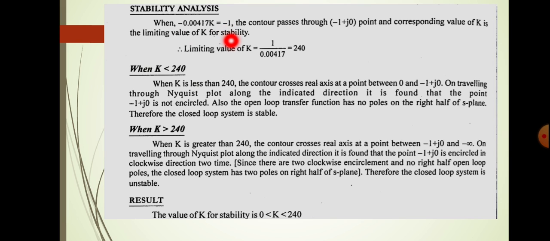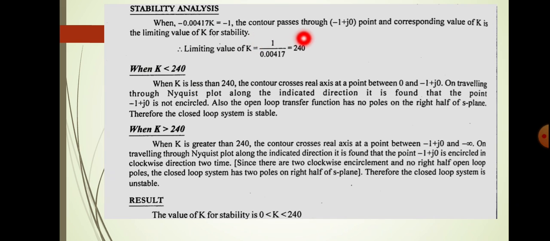See, we have gone through the nyquist stability criteria. In the nyquist stability criteria, stability is predicted based on the point minus 1 plus 0j. So we have to take that minus 1 plus 0j point. So we are substituting the real axis crossing point as minus 0.00417 k equal to minus 1.